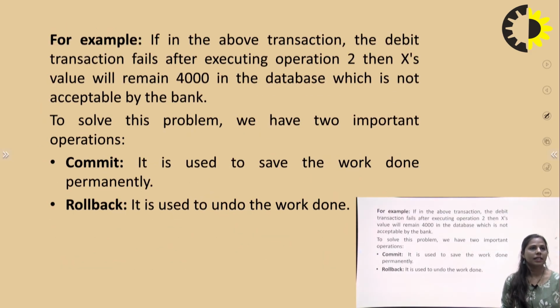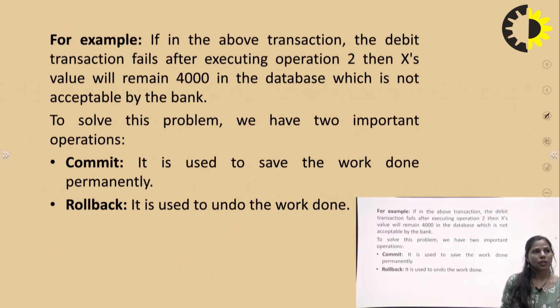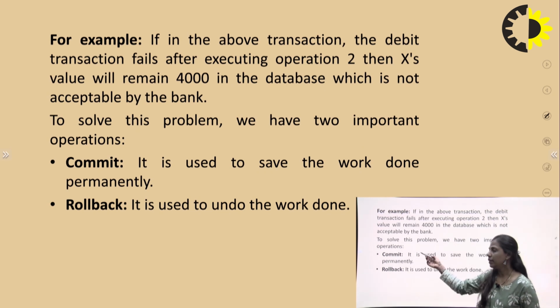Now, it may be possible that because of a hardware, software or power failure, the transaction may fail before it finishes all the operations or tasks involved. So what can we do in that case? For that we have two different operations, that is commit and rollback.